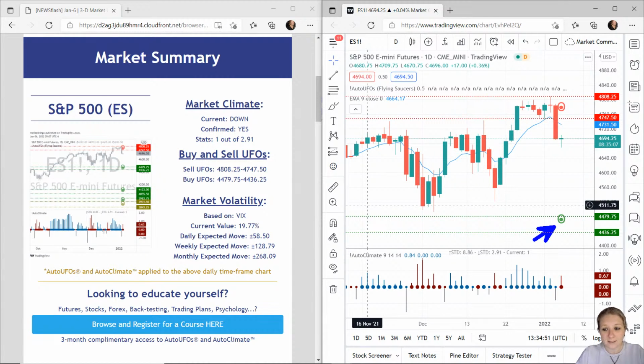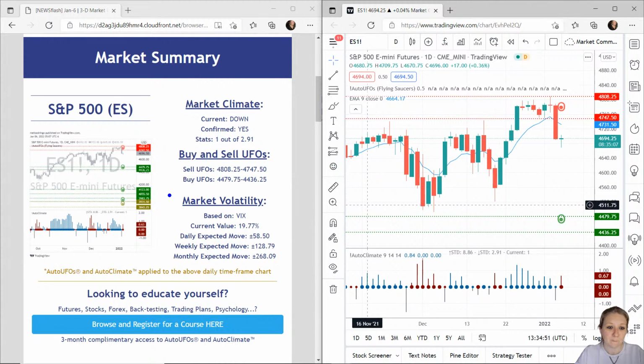We have buyers down here, quite a way down actually, at 4479.75 to 4436.25. So we've got a bit of room there for price to continue to come down before it hits buyers that might push it back up again. So overall, on a daily chart, the S&P 500, top 500 US stocks, has probability to the downside for the time being.